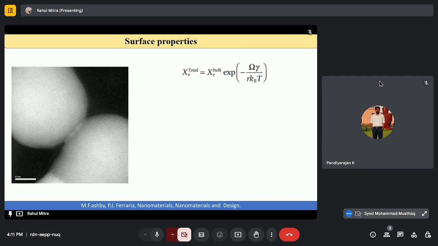So let's get back to the explanation. For example, this is my convex and this is my concave.